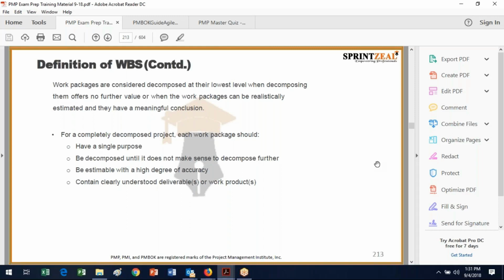So, and then to continue, we've got work packages which are decomposed to their lowest level when decomposing them offers no further value, or when the work packages can realistically be estimated and they have a meaningful conclusion. So usually that unit is less than a month, let's say, but probably more than a day or even a week.